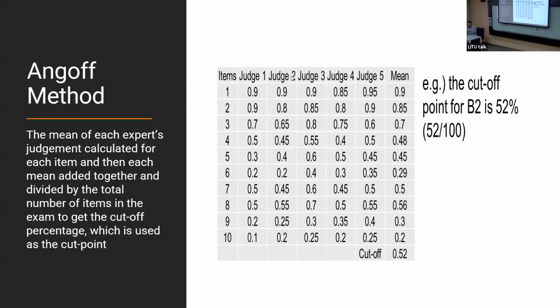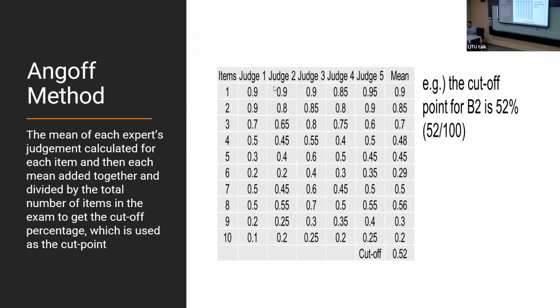But see, this is how you calculate the cut point using this method. Let us say 10 items, we have 5 judges. Different judges have the same or different probabilities of getting the item correct for the minimally qualified B2, right? 0.999, 0.85, and so on.